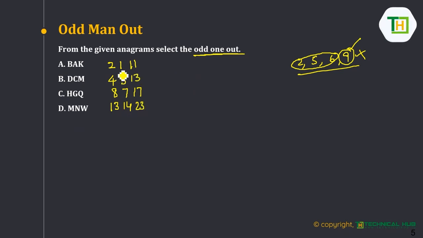If you observe these numbers, it is very clear that 1, 2, 3, 4, 7, 8, but this is 13, 14. The order is not correct. It started BA, DC, HG, but in the fourth option, it should be NM. Then I can say all the four are following a similar logic here, but M and W is not correct, which is completely different from the remaining three.